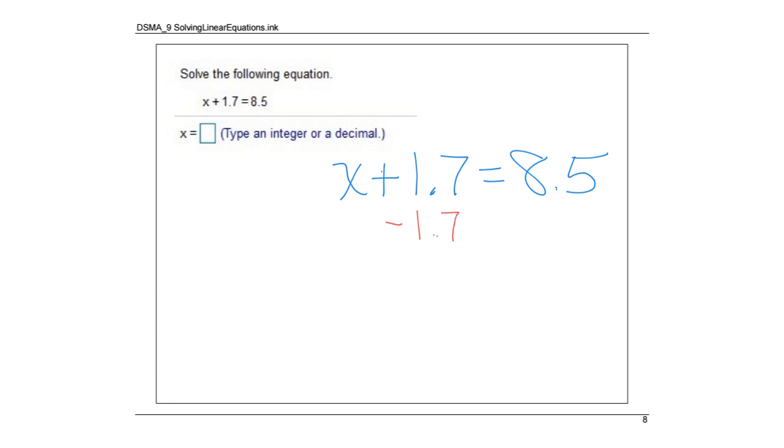Now remember, you have to do the opposite. This dot is not wanting to work. So I'm going to subtract 1.7 from both sides. You're welcome to put this in your calculator. Put 8.5 minus 1.7. If you're going to do it by hand, just make sure the decimals are lined up.